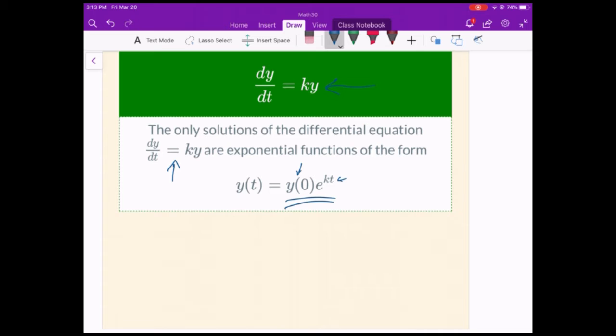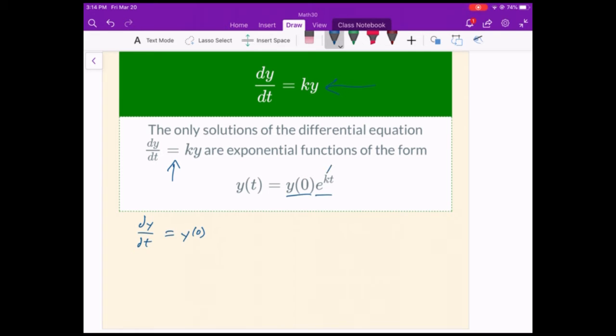So if you want to verify that, you can take the derivative of both sides. On the left side, that's just dy/dt. And on the right side, keep in mind y of 0 is just a constant, so as a constant multiple, it's just going to come along. That's some initial value of y, some initial population.